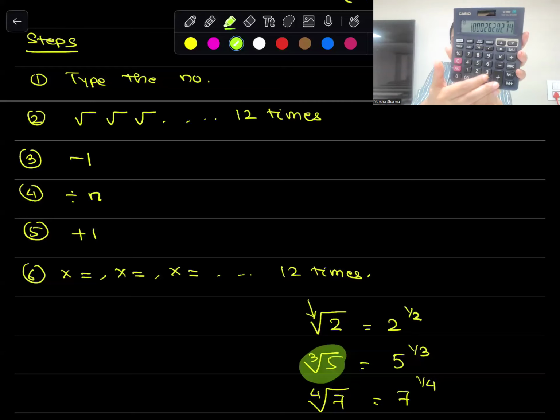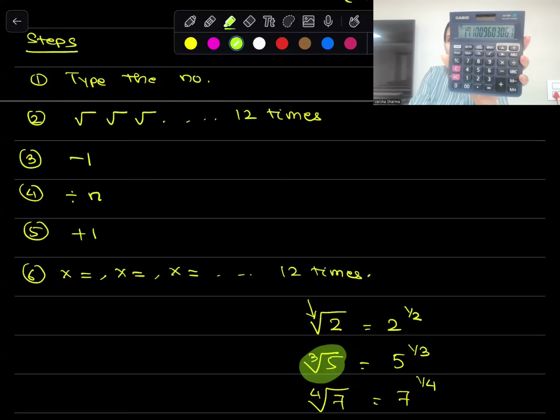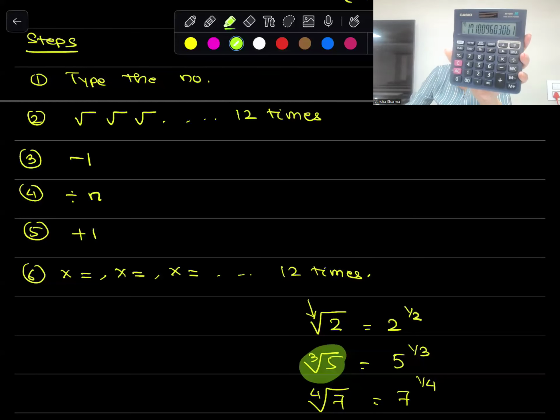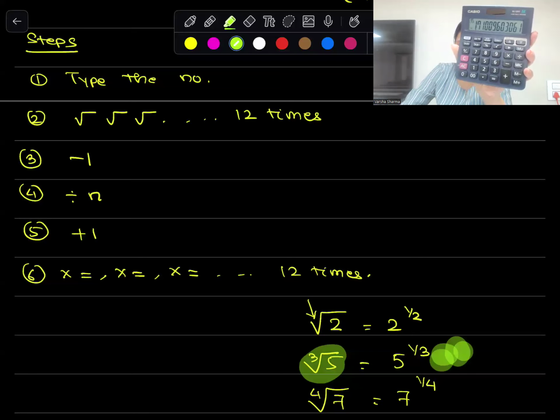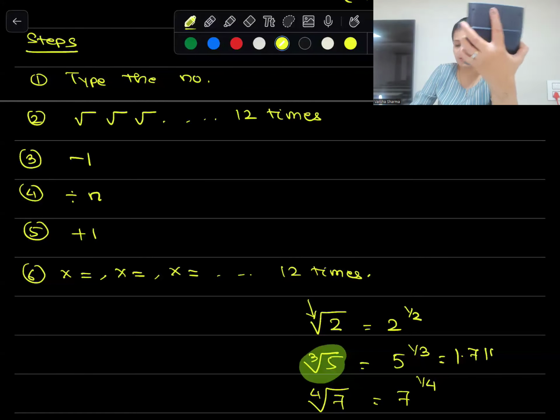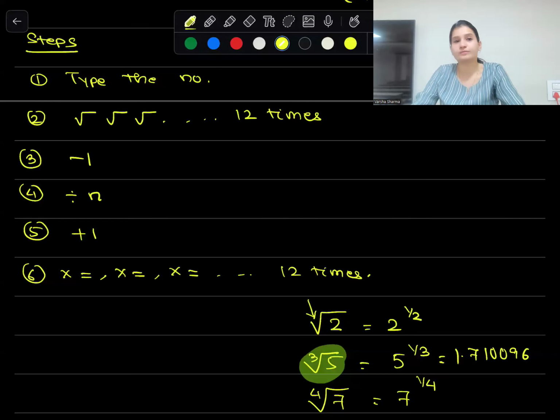1, 2, 3, 4, 5, 6, 7, 8, 9, 10, 11, 12. That's your answer. So cube root 5 is 1.710096 and so on.